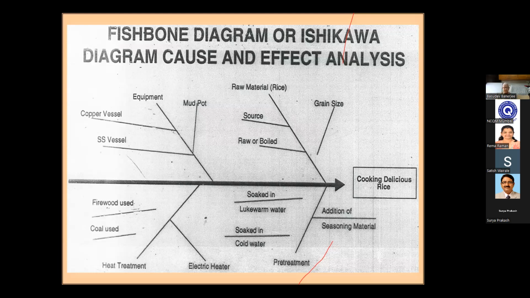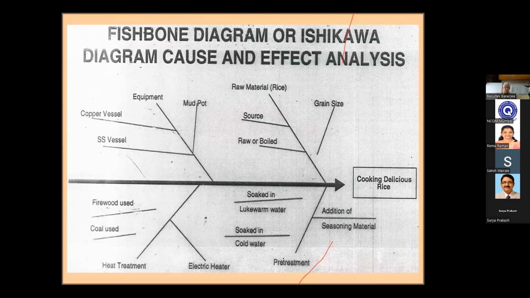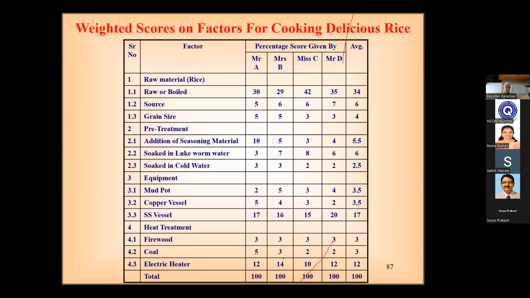It is cause and effect analysis on prioritized reasons from the Pareto analysis. Here also the same thing happens. The 5 people were Mr. A, Mrs. B, Miss C, Mr. D. They gave the weightages and their averages are there. And we saw the variation as usual.